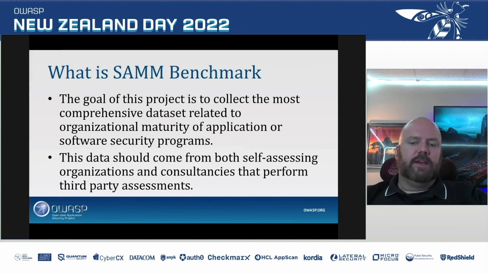Part of the thought behind that is the general understanding that a third-party assessment is more likely to be accurate. They don't have a potential for bias. If you're self-assessing, and I've seen it a number of times, some people tend to be a little easier on themselves and give themselves a little bit higher score.